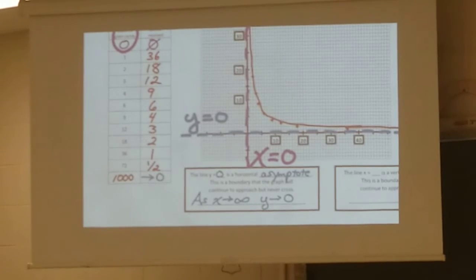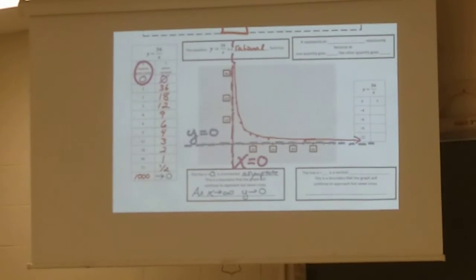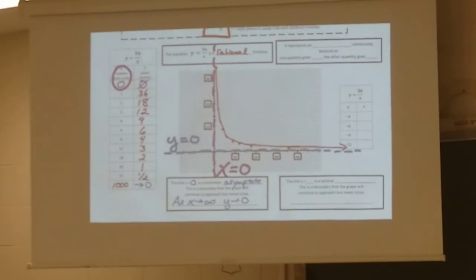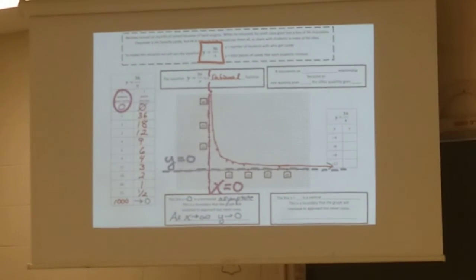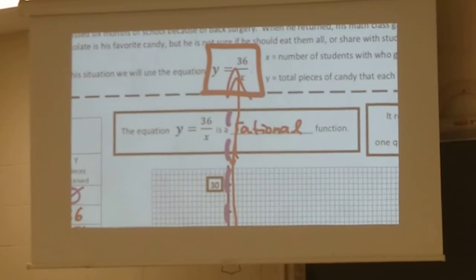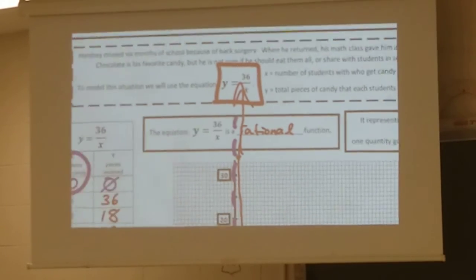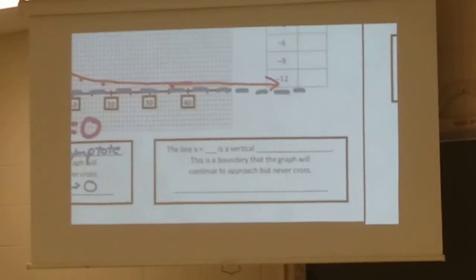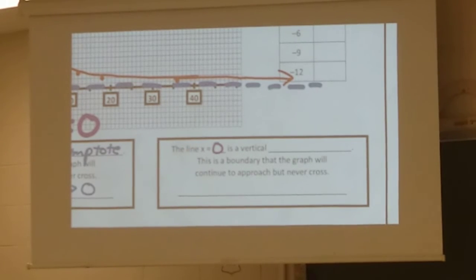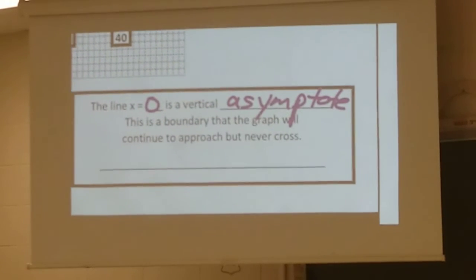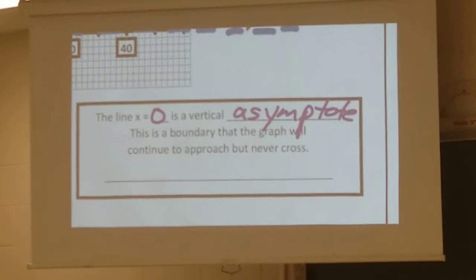And in a similar fashion, that is saying that as I get closer and closer to x equaling 0, my graph is going to continue to go up. Again, it's actually going to continue to go up. And I have no choice but to try to draw that kind of on top of the paragraph. Okay, but what I really want you to understand is that a vertical asymptote, in the same way, is a boundary that your graph is not going to be able to cross.